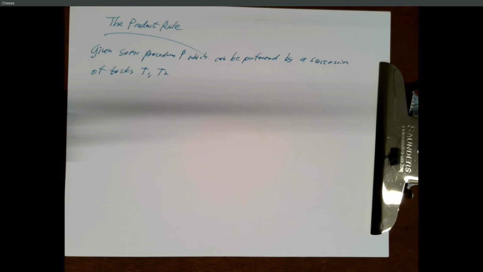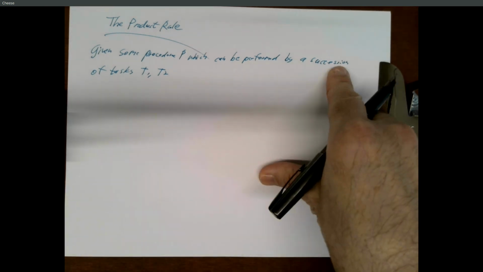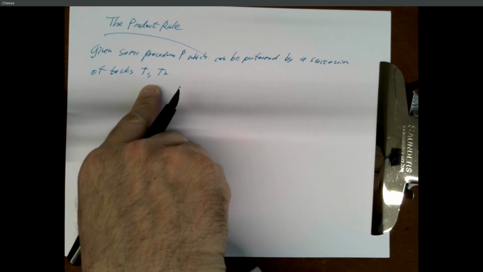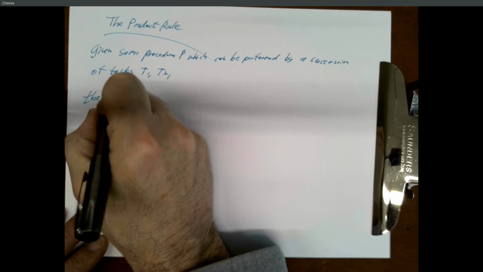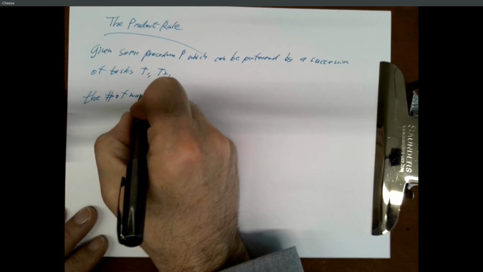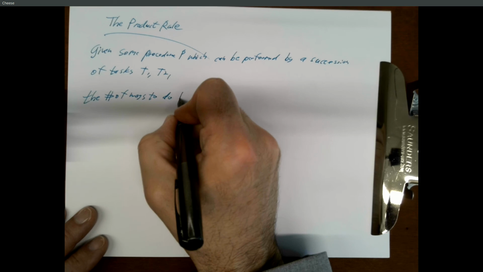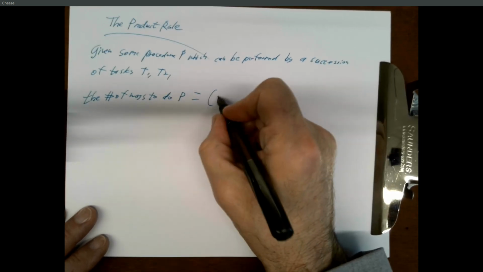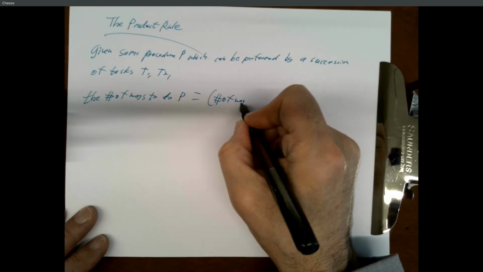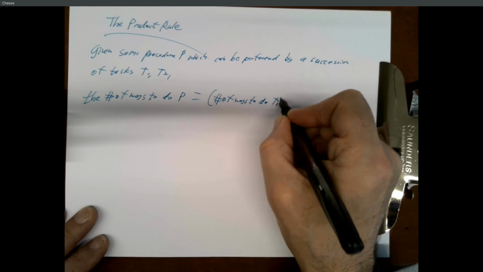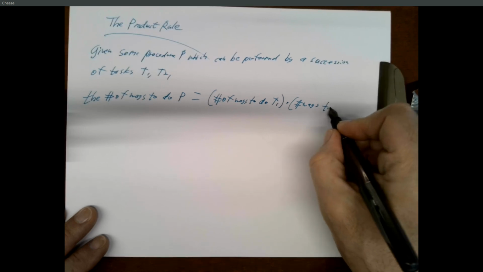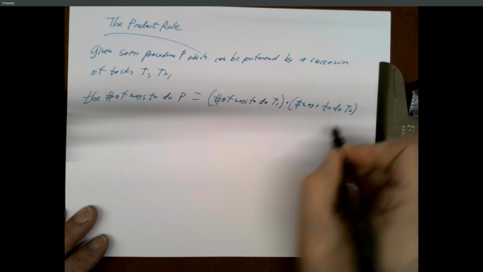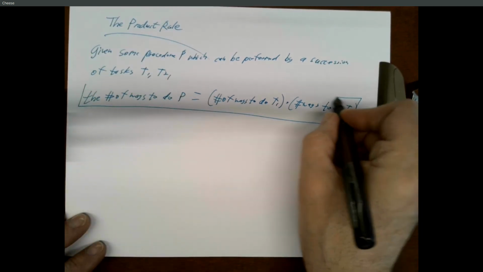So some procedure, washing your car, going to vote, making dinner, whatever, some procedure which can be performed by a succession of tasks, T1 and T2. The number of ways to do procedure P is equal to the number of ways to do task T1 times the number of ways to do task T2. So that's the product rule.